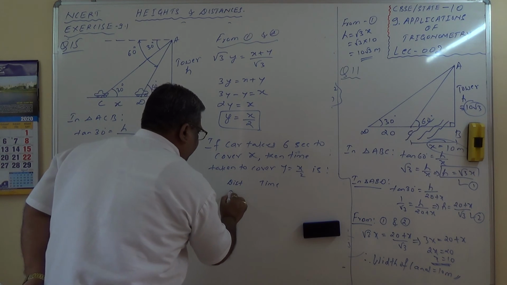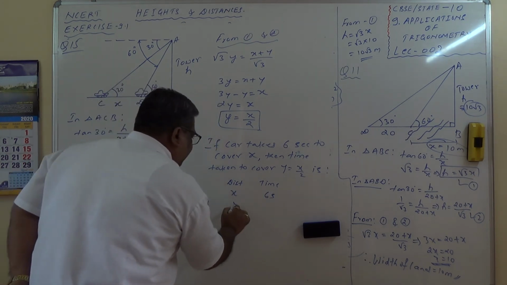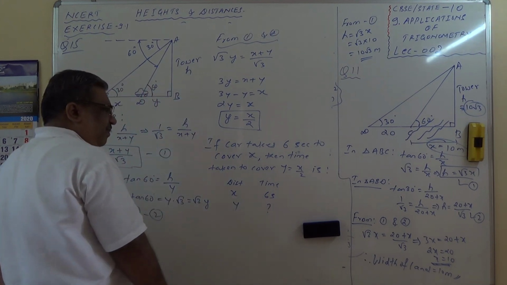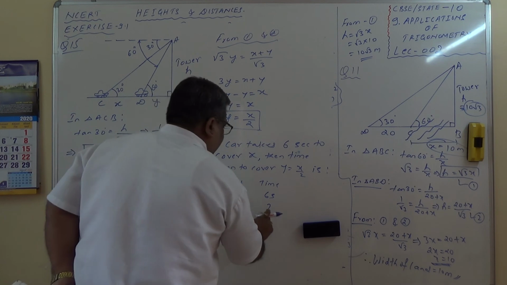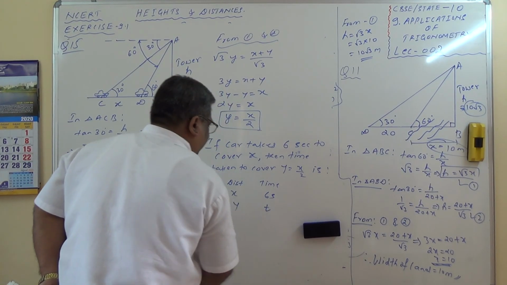Distance covered x, time is 6 seconds. Distance covered y, how many seconds? That is the question mark, isn't it? So what variable should I put here? I'll say t seconds.